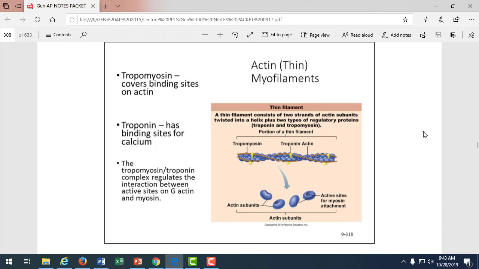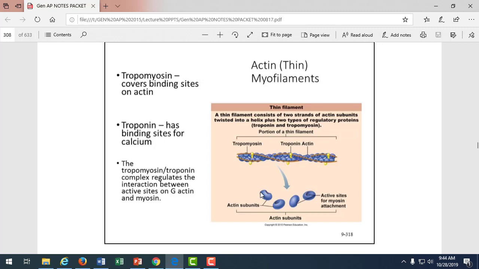So there's a rope-like protein that covers the binding sites, because there's a binding site here on each G-actin. And it's a special binding site for another protein called troponin that binds calcium. So there's a rope-like structure called tropomyosin that covers these binding sites that make actin unable to interact with myosin if tropomyosin is covering those binding sites.